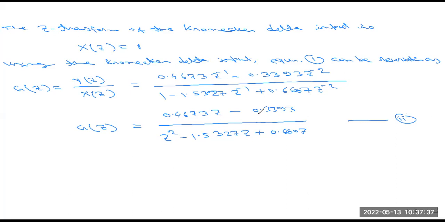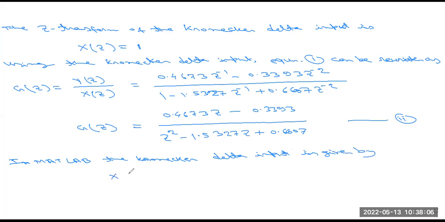So here the Kronecker delta input in MATLAB is given by x is equal to 1 and zeros of 1, n, where n is the number of terms.